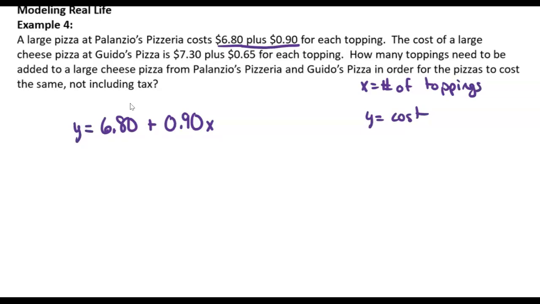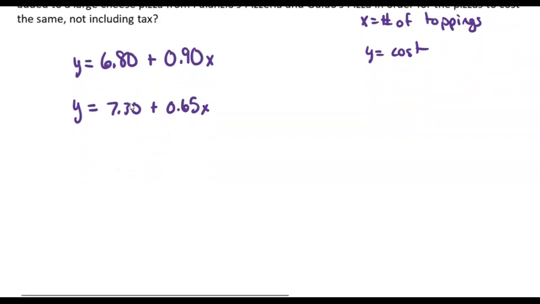Okay, at the other place, the cost is $7.30 plus 65 cents for each topping. So 7.30 plus 65 cents per topping, so 65 cents times X. Okay, how many toppings need to be added for them to cost the same, not including tax?